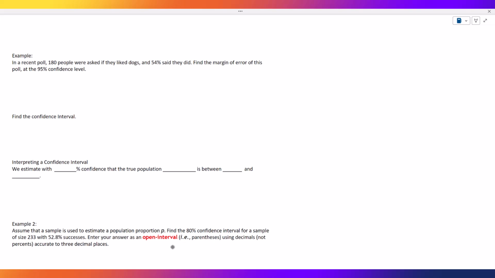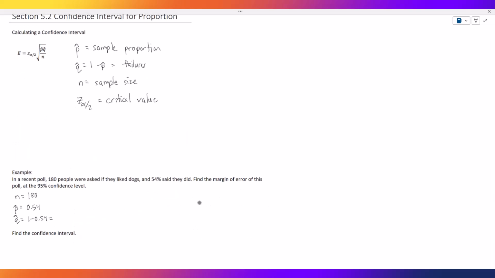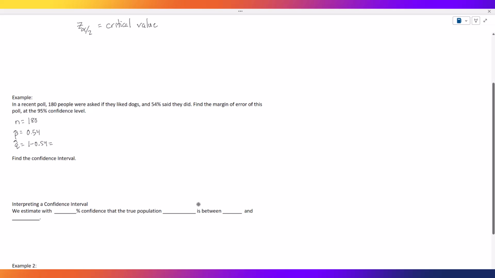Something I like to do is just write down what I have here. Our sample size is 180. Our proportion of successes, 0.54. That means q hat, 1 minus 0.54 equals 0.46.